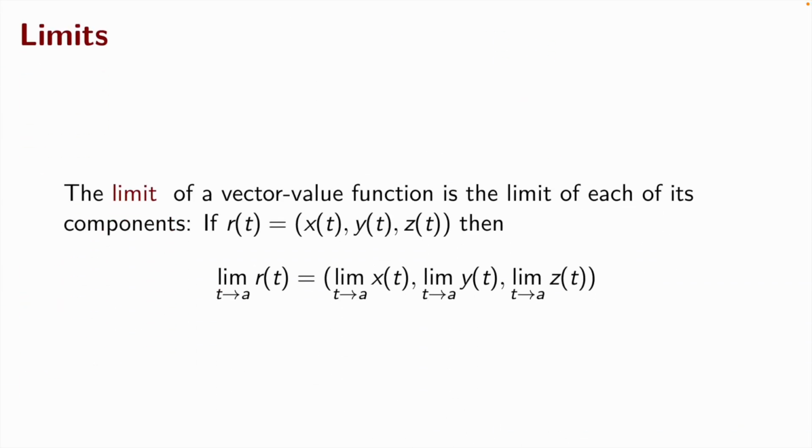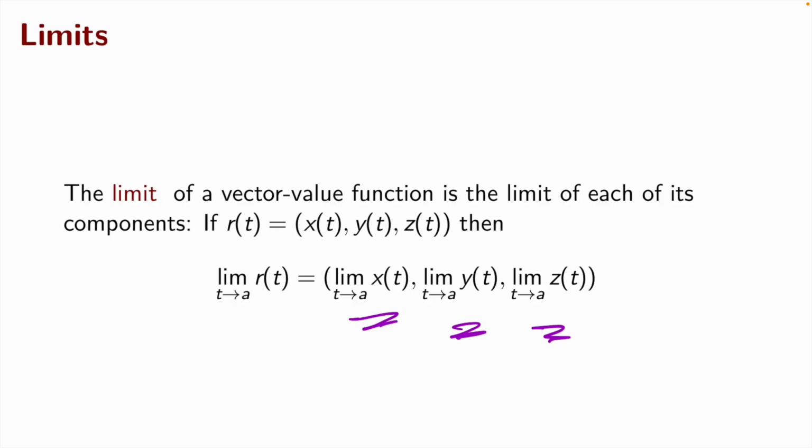Okay, so once we know what a vector value function is, essentially a function whose codomain is the space of vectors, we can calculate the same kind of things that we know how to calculate for real functions. So for instance, limits. We are going to define the limit of a vector value function as the limit of each of the components.